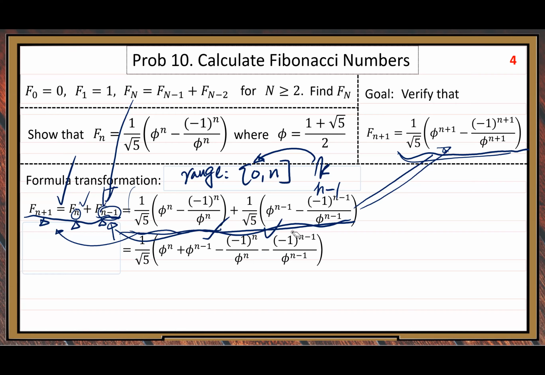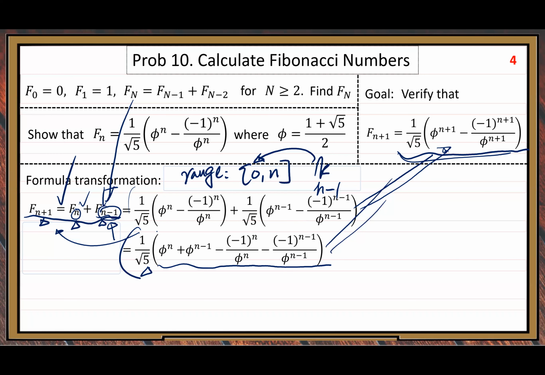So let's do that final step. We simplify. This formula is pretty complicated, so let's take out 1 over root 5. Inside parentheses, we have 4 terms, and we compare it with our targeting form.